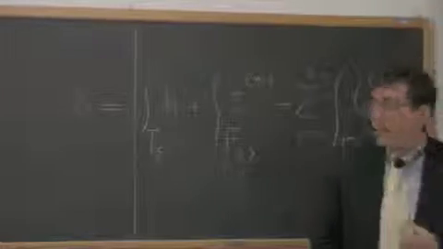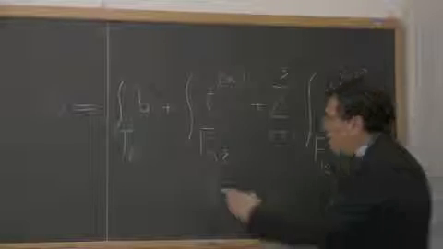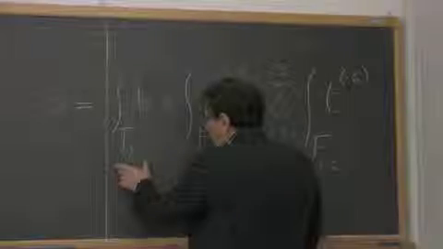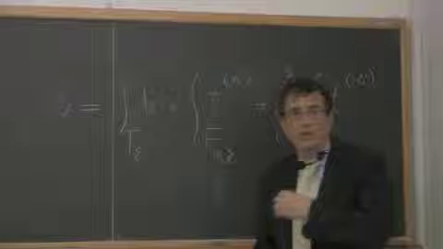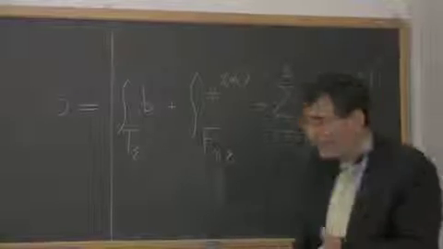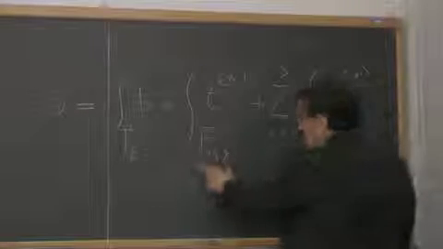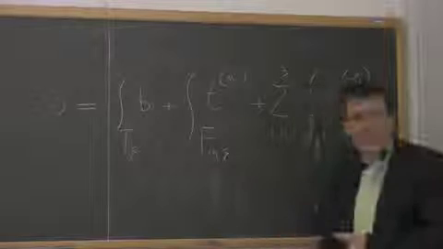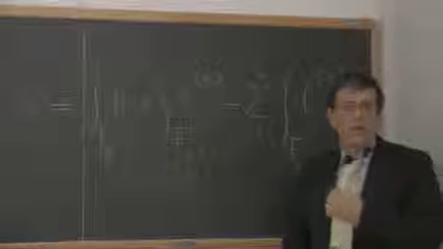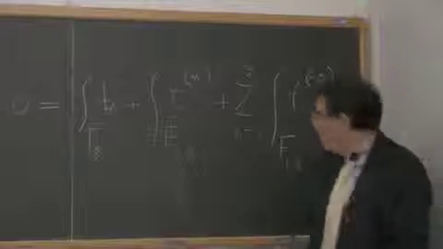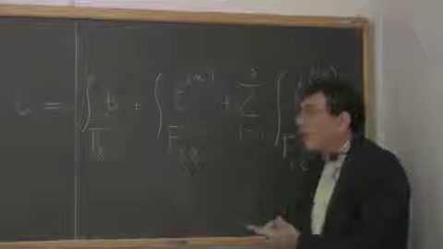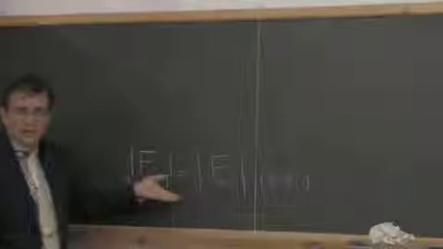This is the idea of Cauchy. This volume is tending to 0 with epsilon cube. This area, the area of this triangle, is going to 0 with epsilon, and the same for each of these areas, as this formula is telling us.